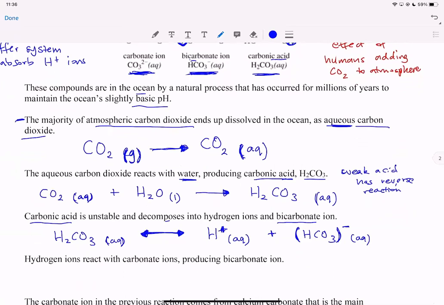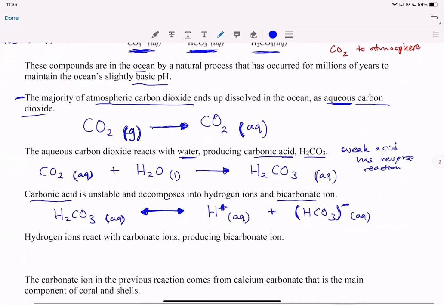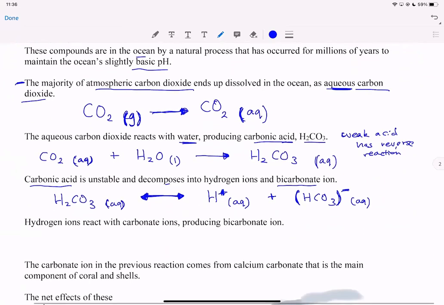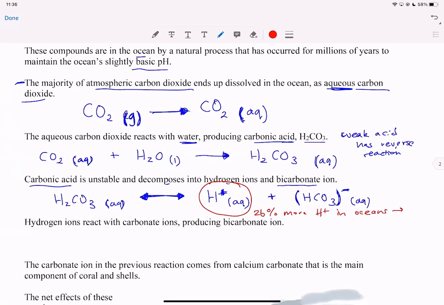Even though it has the plus and minus signs, you still have an equal number of hydrogen, carbon, and oxygen atoms on both sides. So these hydrogen ions are the added hydrogen ions. This is what I was talking about, 26% more hydrogen ions in the oceans. And that's that problem of ocean acidification.